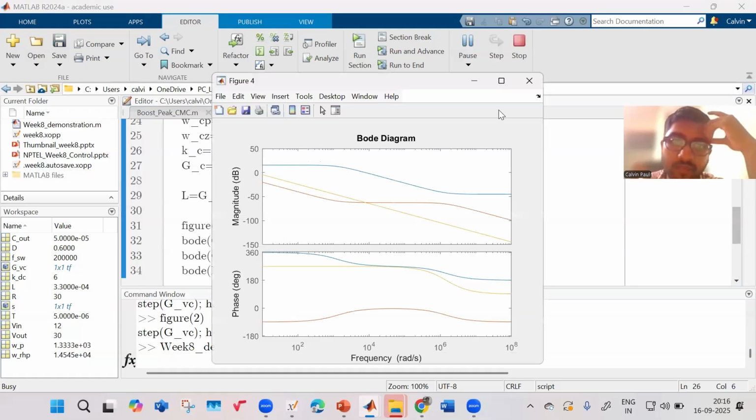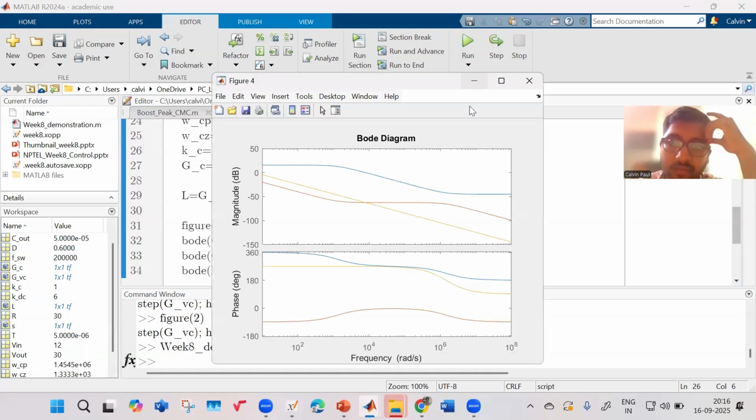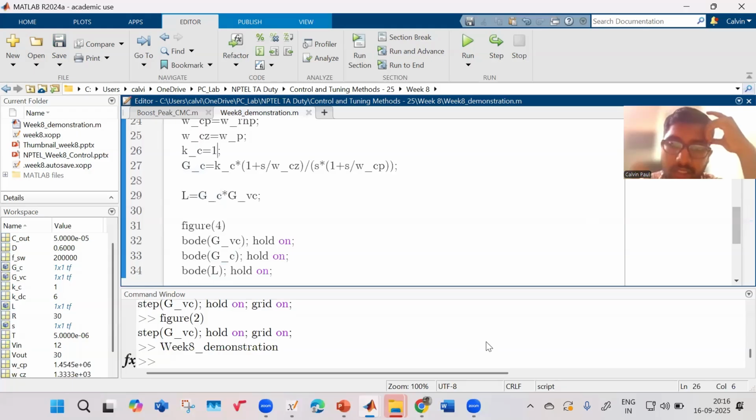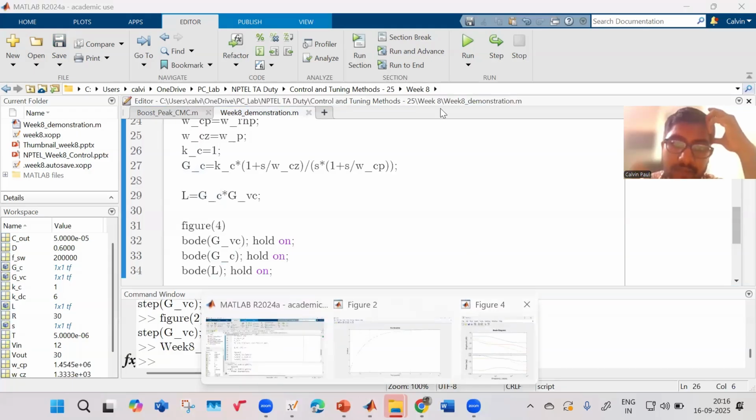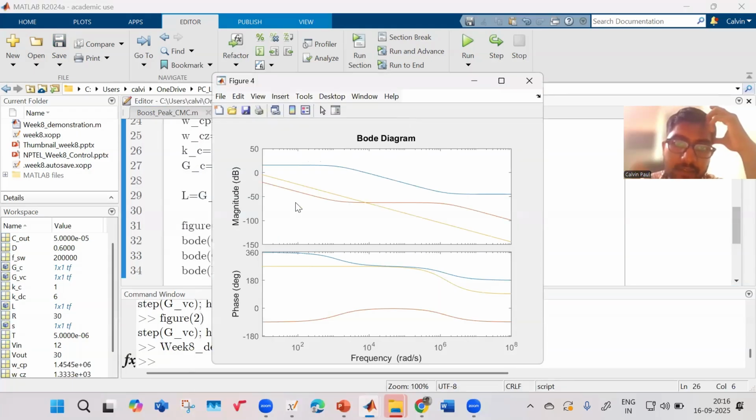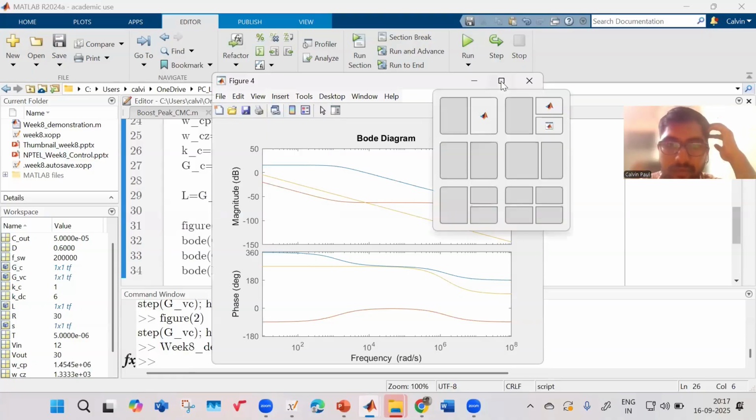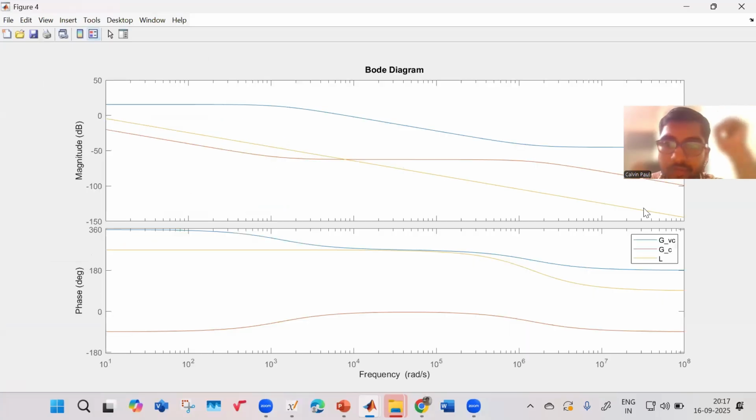Let's insert the legend. GVC is your plant transfer function, GC is your controller transfer function, and L(s) is your overall loop transfer function.